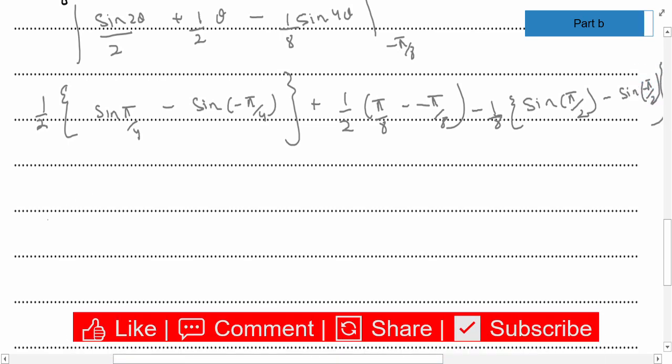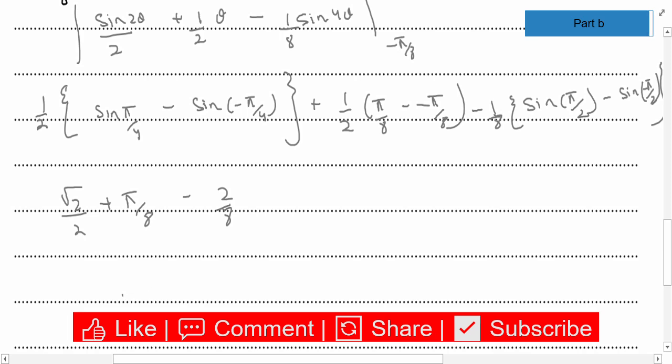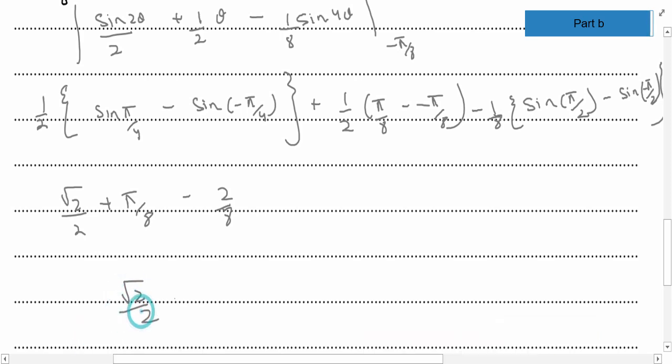So it would become under root 2 by 2 plus pi by 8 minus 2 by 8. So our final answer is under root 2 by 2 plus pi by 8 minus 1 over 4.